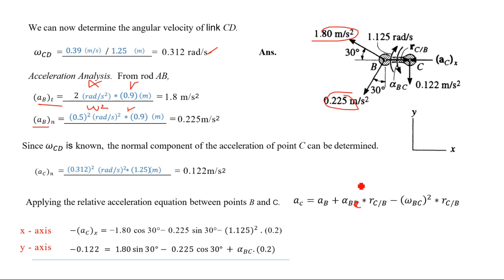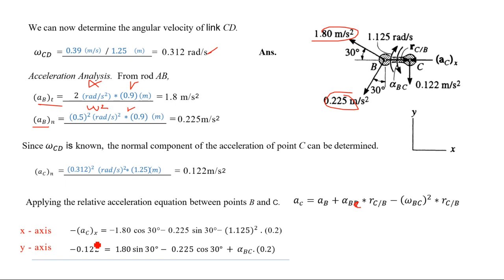So now we're going to apply the equations and find the parameters for the x-axis and the y-axis. So the negative acceleration at the point C in the x-axis, which means the i's, is going to be negative 1.8 multiplied by the cosine of 30 minus 0.225 sine 30 minus 1.125 square multiplied by 0.2.